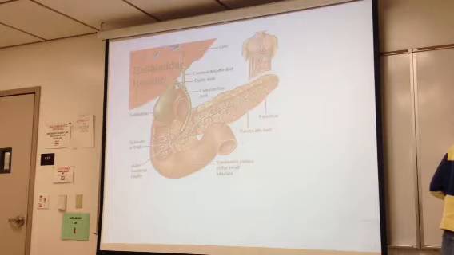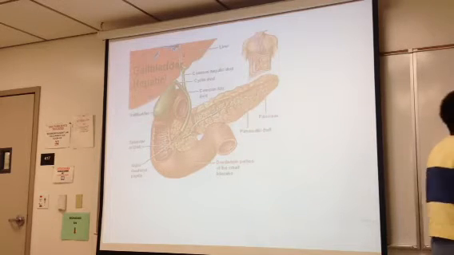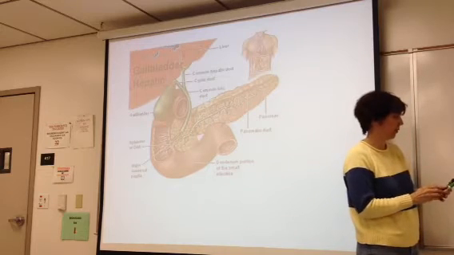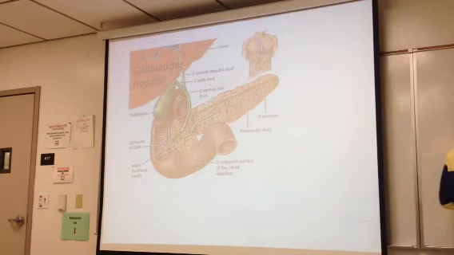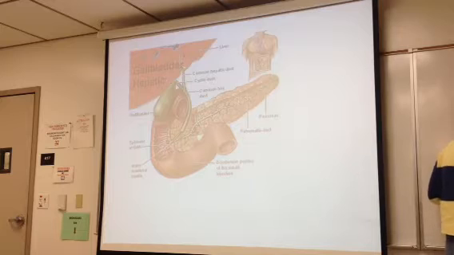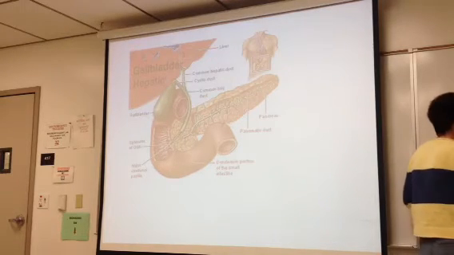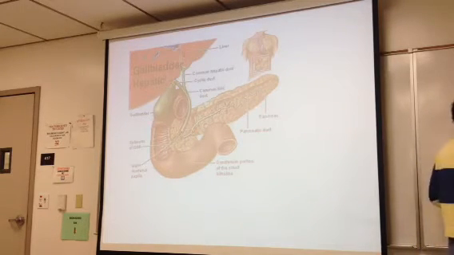So where it joins with the pancreatic duct and empties into the duodenum, most of this is passing through the wall of the duodenum. So at that point, this is the common bile duct.